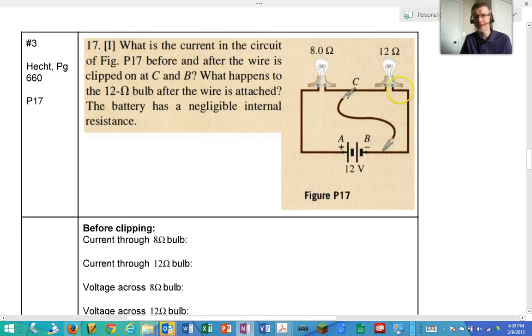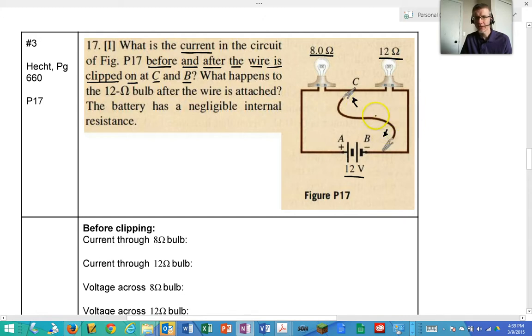I have a circuit with 2 bulbs. I got a 12-volt battery, and I've got an 8-ohm bulb and a 12-ohm bulb. And the question is, what is the current in the circuit before and after the wire is clipped on at C and B? So this is called an alligator clip, and what we're going to do is we're going to clip it right here.